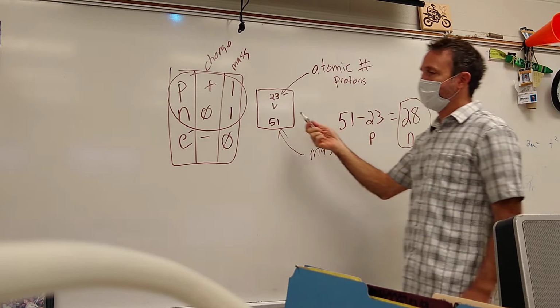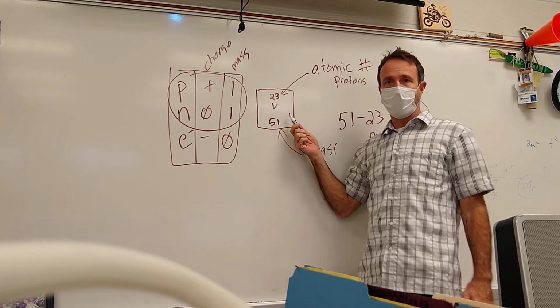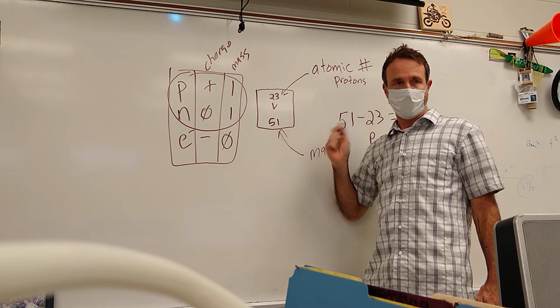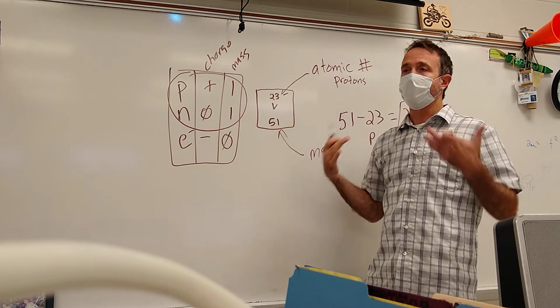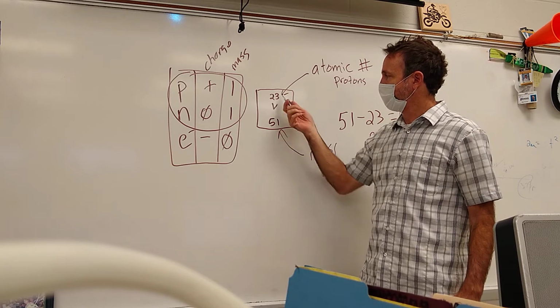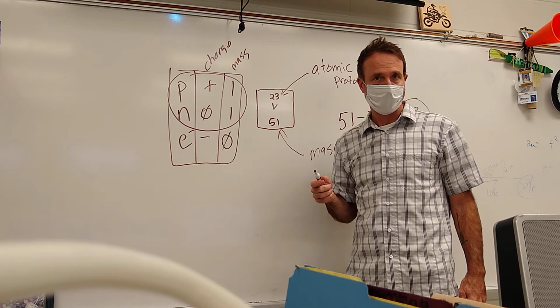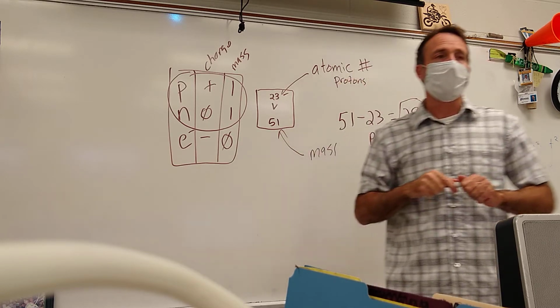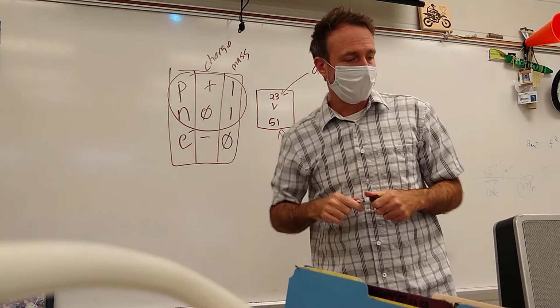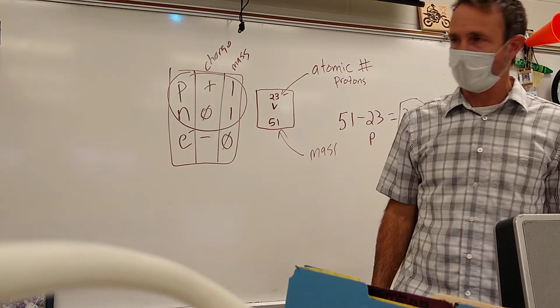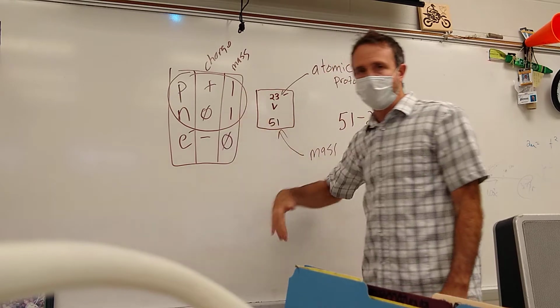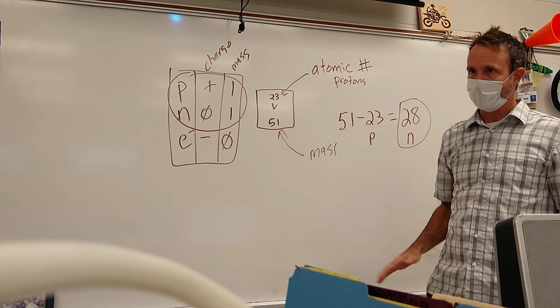When you look at a card of any element, the number of neutrons isn't written down. It's implied that you can subtract these two. Does that make sense? That's just real basic chemistry 101. This is the card of the periodic table.